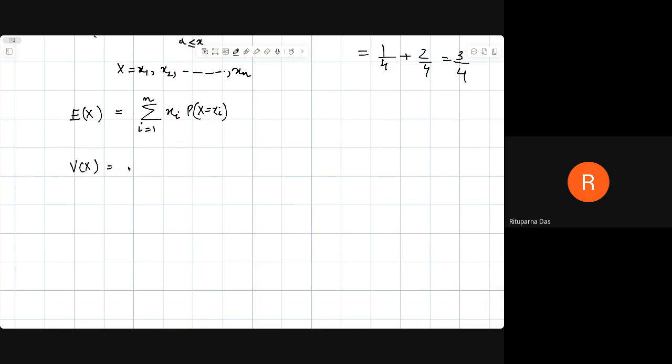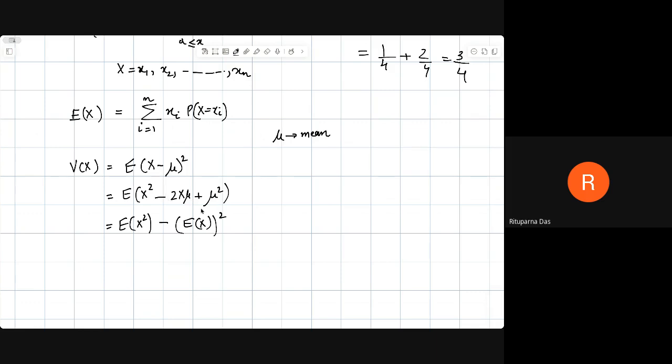And for variance, it is going to be the expectation of (X minus mu) whole square, where mu is the mean. Then this is E of X square minus 2X mu plus mu square, which is E of X square minus E of X whole square.